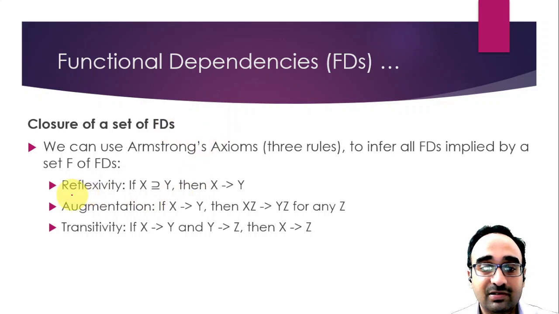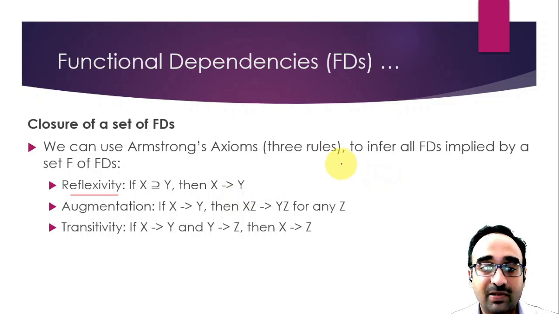The first rule is reflexivity. Reflexivity says that if y is a subset of x, then you can write x derives y. I am telling again, if the attribute set y is a subset of attribute set x, then you can write the functional dependency x derives y.